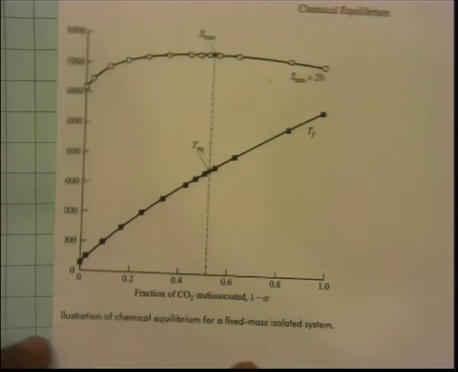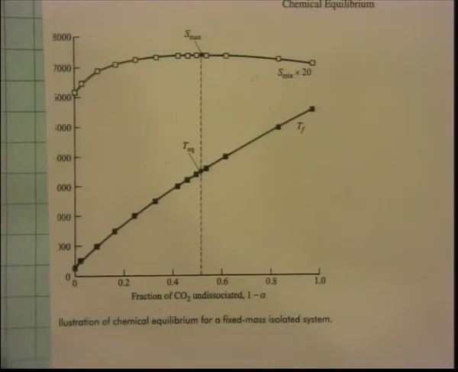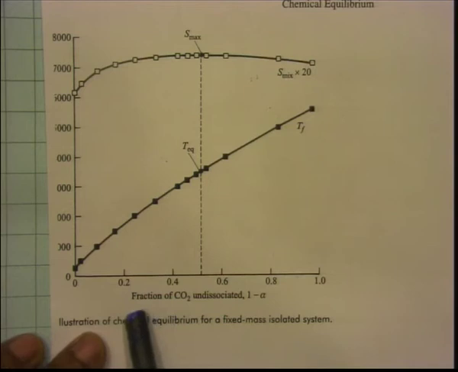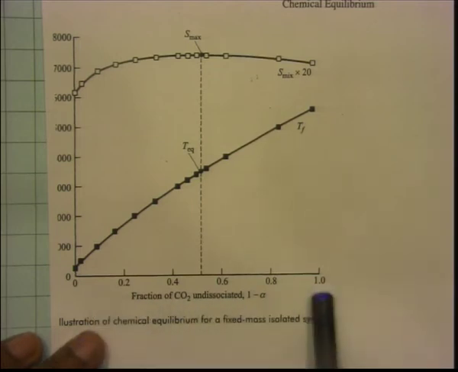This plot is taken from Turns's book, and you can see that we have the fraction of CO2 undissociated, 1 minus alpha, plotted here on the x axis. So, it will go from 0 to 1.